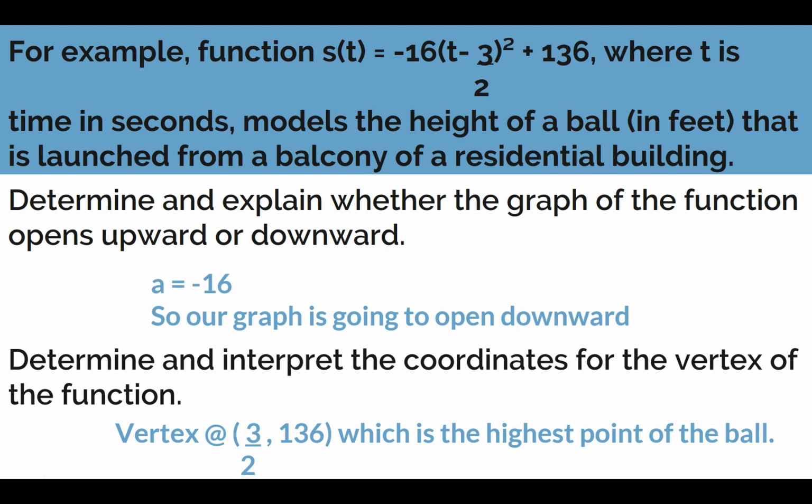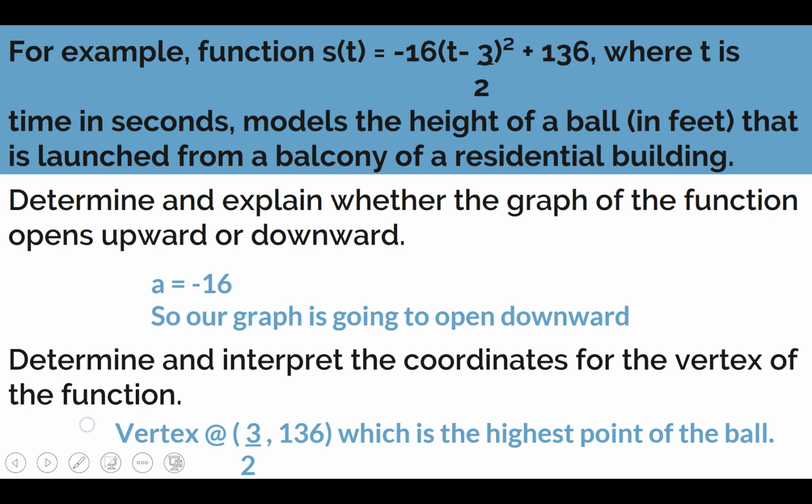In this case, it's the maximum height of the ball. So how high in the air did the ball get? 136 feet, right? How long did it take for it to get there? 3 over 2 seconds, which is 1.5, right? So it took 1.5 seconds to get to the maximum height of 136 feet.